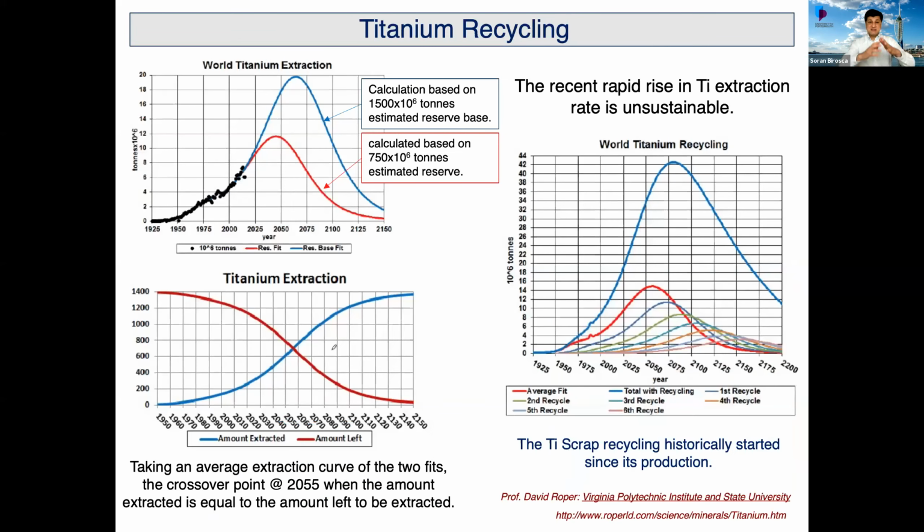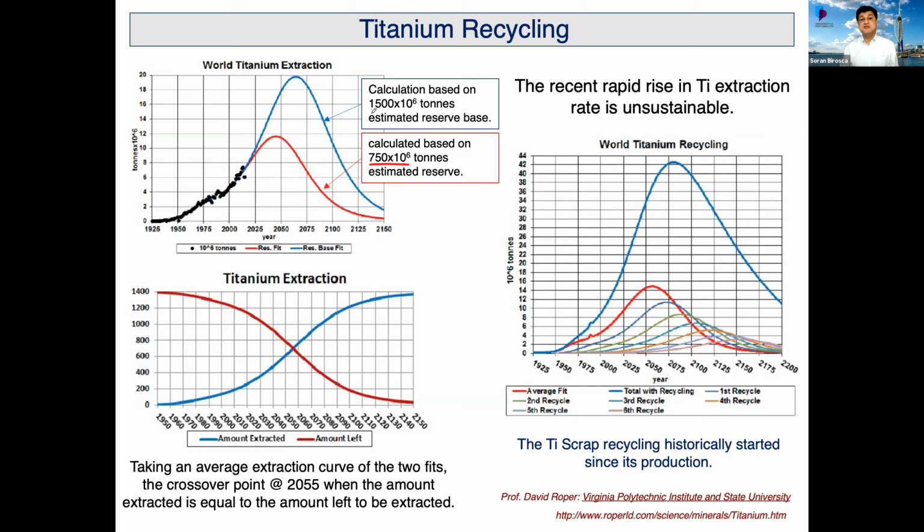Now, let's say this is the retirement time. The guy had enough, and this is how we recycle it. For this slide, I'm depending on Professor Davis Roper from Virginia Polytechnic Institute and State University, who collected data based on two different geological databases. One estimates a reservoir of 750 multiplied by 10 to the 6 tons of titanium.